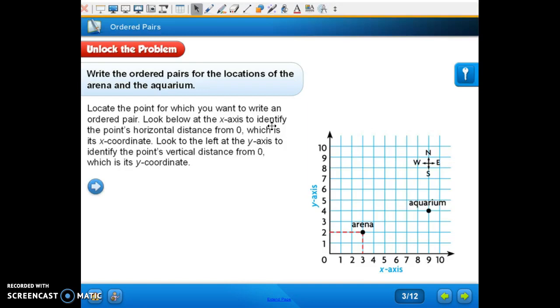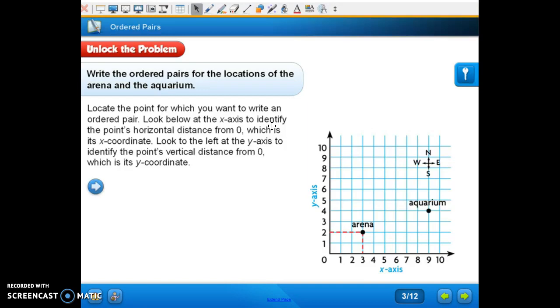The x-coordinate, the first number in the ordered pair, is the horizontal location, or the distance the point is from 0 in the direction of the x-axis, and the y-coordinate, the second number in the ordered pair, is the vertical location, or the distance the point is from 0 in the direction of the y-axis.